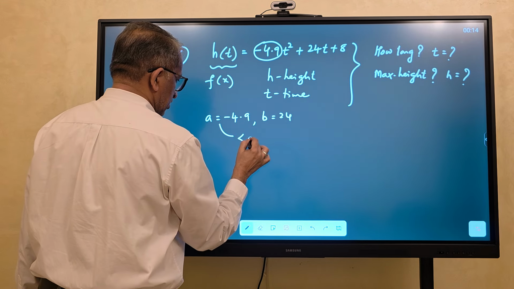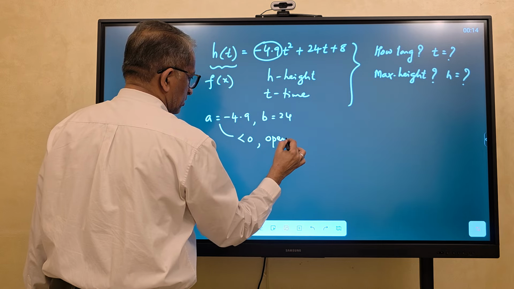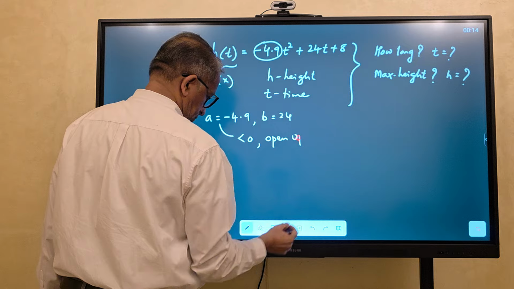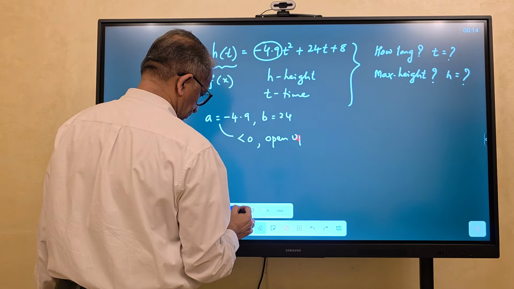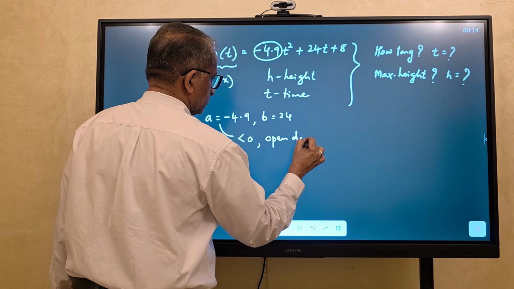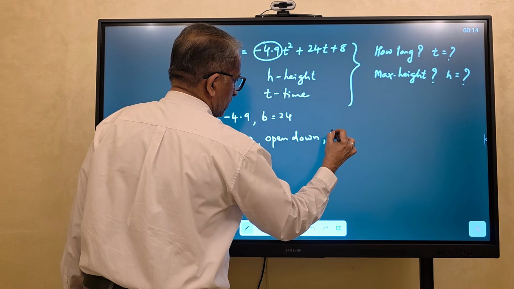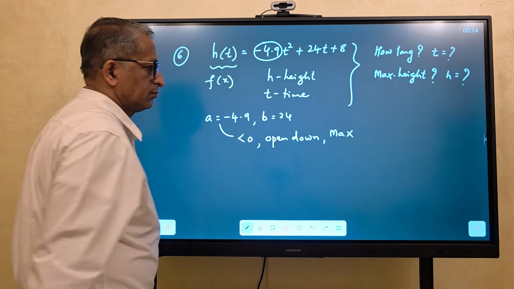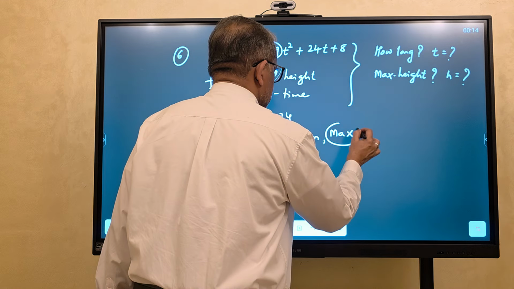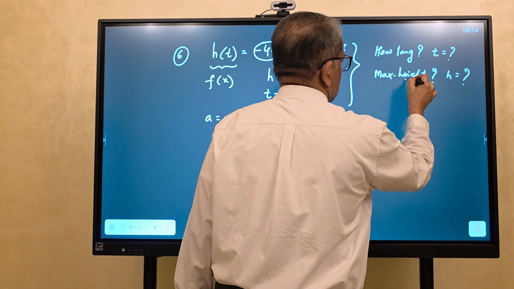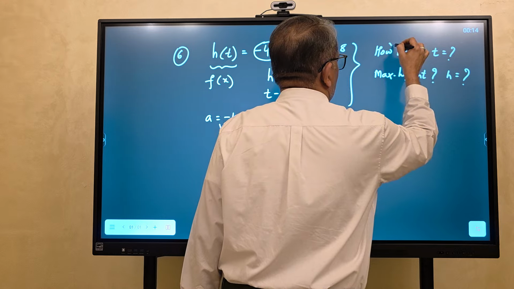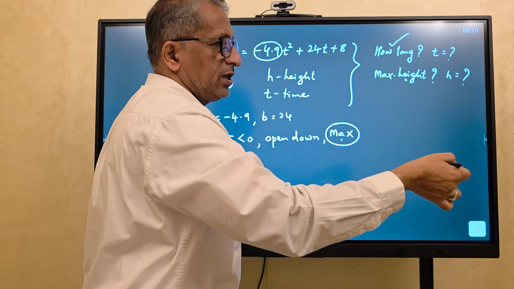Now this is negative, that is, it opens down. When it opens down, it is what? Maximum. So I want the maximum height and I want to see, to reach this maximum height, how long it takes, what is the time it takes.